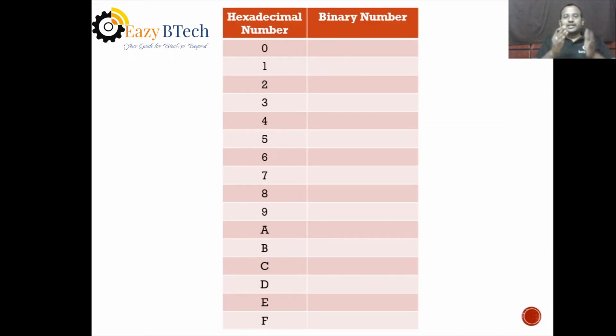Now we will see the hexadecimal digits and their corresponding 4-bit binary equivalents.